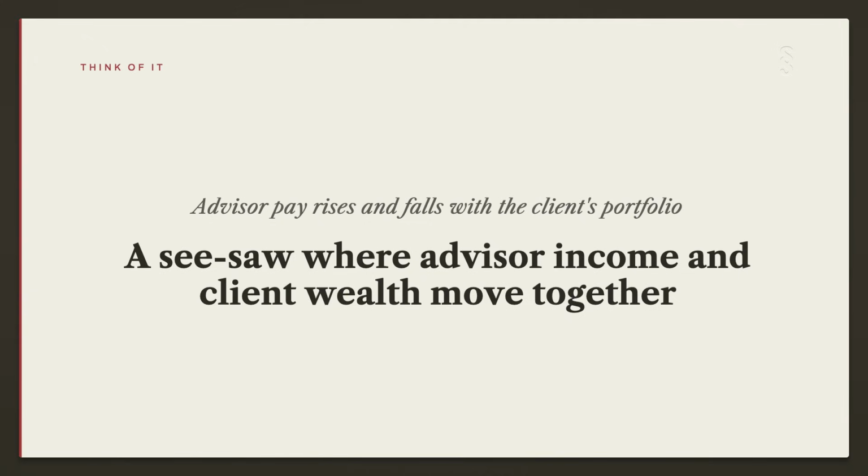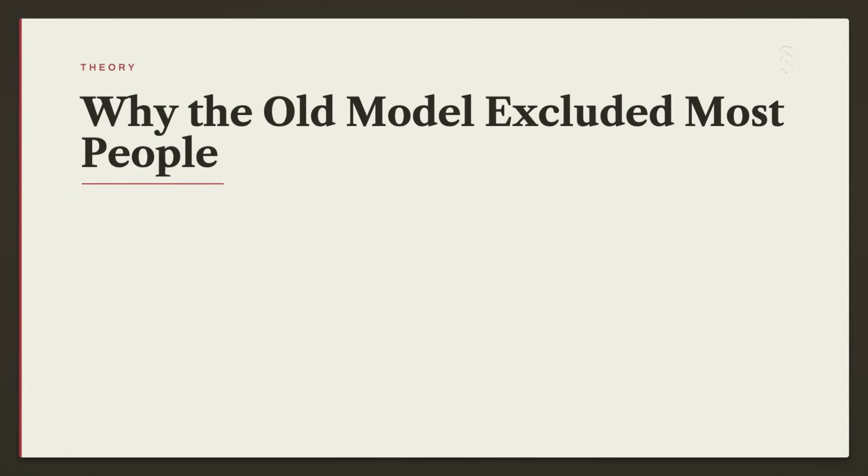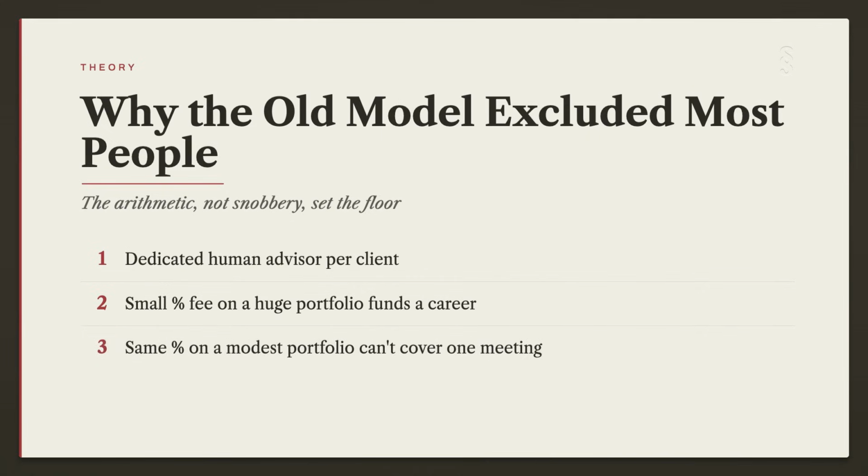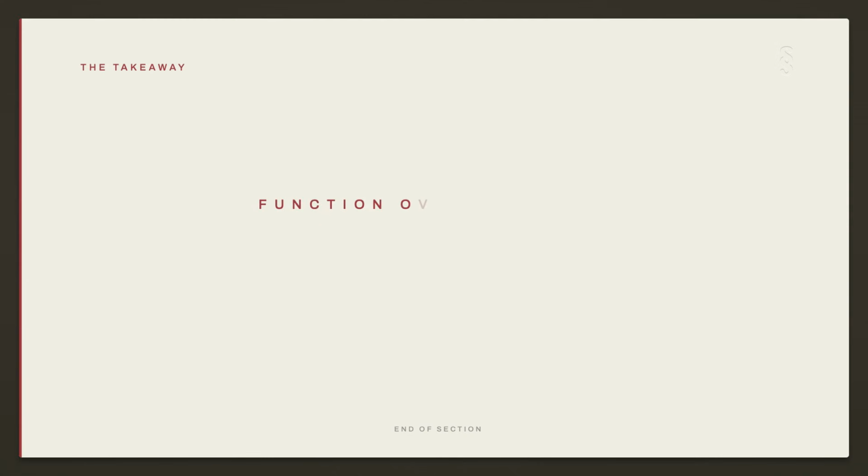That alignment is genuinely valuable, but it also means a market downturn hits the manager's income right when clients are most nervous. Historically, wealth management meant a dedicated advisor delivering investment advice, tax planning, and trust and estate work. A small percentage fee on a very large portfolio comfortably supports that advisor, but the same percentage on a modest portfolio doesn't even cover the time for one annual meeting.